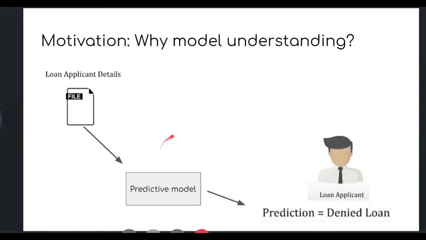No problem. Because of the records, meaning the application where the model says where the applicant is lacking and what he has to improve in order to get the loan sanctioned, this is very helpful for end users.